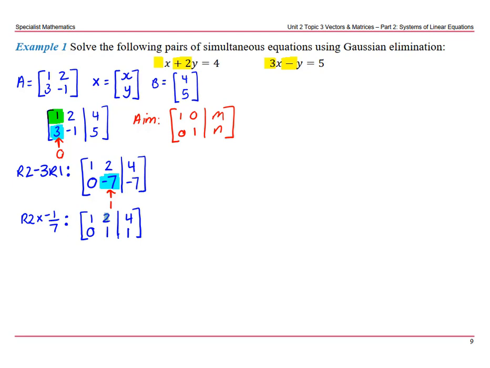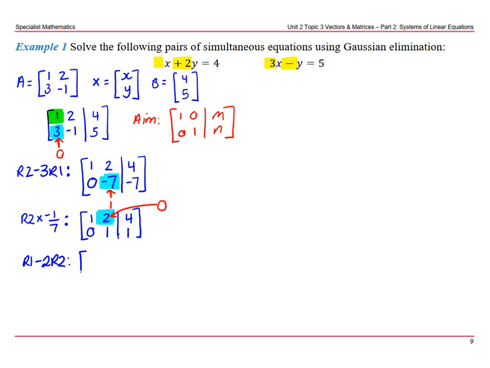Now we move to this element here. We want to make that into 0. So if I go row 1 minus 2 lots of row 2, I would make that into 0.